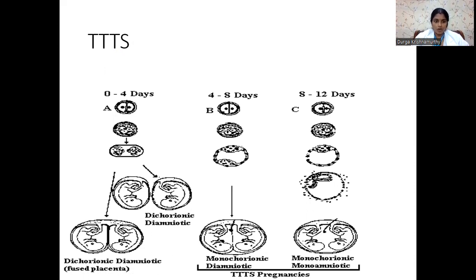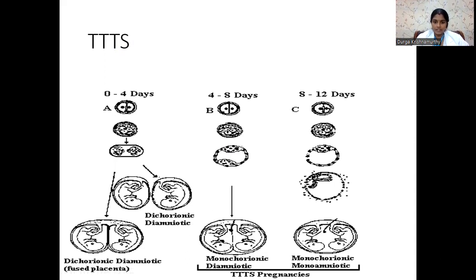That is, both the chorion and the amnion split. The first to cleave is the placenta, that is the dichorionicity, and then comes the amnion, which is called diamnionicity.